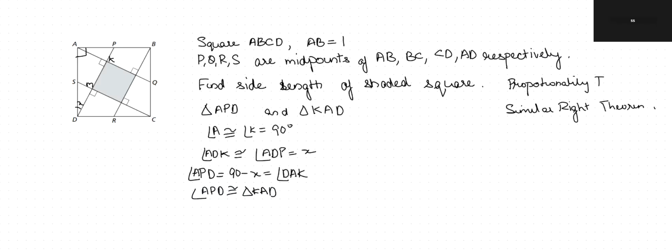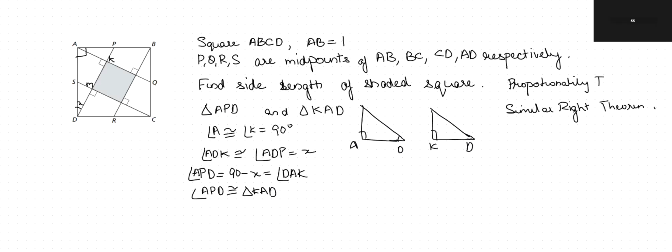Now I can show you by putting these triangles here like this. So this is angle A, which is 90 degrees. This is K, which is 90 degrees. D in both the triangles is X, which is equal.